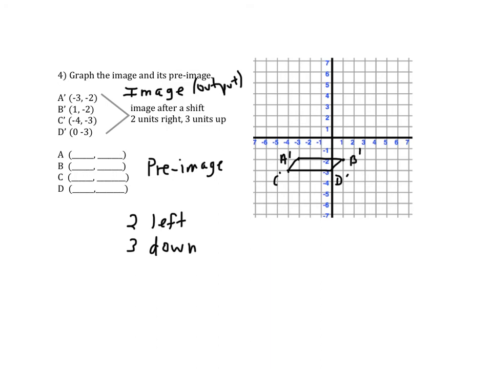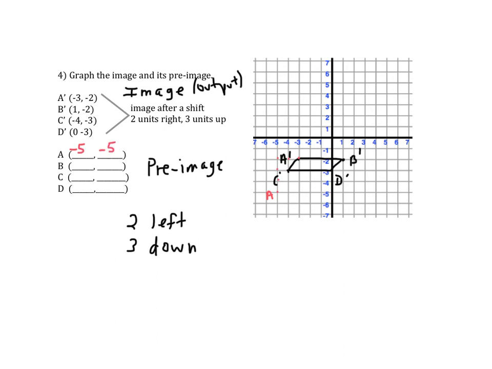I'm going to start with A prime, and we're going to work backwards to find the coordinates for A. Put your pencil point on A prime, we want to go to the left, so 1, 2, and then 3 down, 1, 2, 3. And that's where A would be. And A has the coordinates of -5, -5.